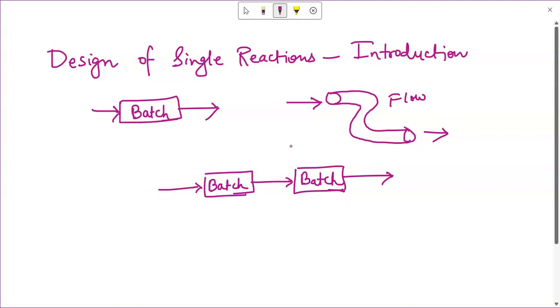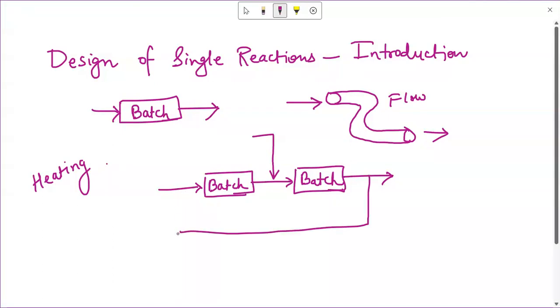Then again, there may be interstage feeding of the reactors, so between two stages there is some feeding. There may be some heating in between the stages or in both the stages. So heating is another factor that you may consider. Then you may also have a recycle stream, so some ratio of the product is sent back as a recycle.